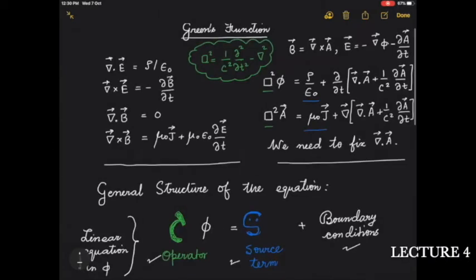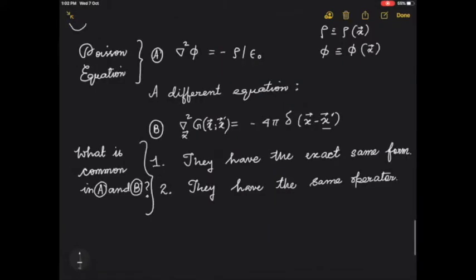Hi, we have been trying to solve for the Maxwell's equations, particularly in its potential form, and we found that they can be written in a particular way where we can evoke the idea of Green's function and try to solve for the Green's function first and then use maybe Green's identity to get to the solution for the potential.